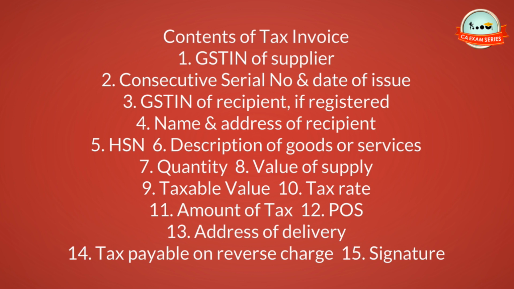Contents of tax invoice. 1. GSTIN of supplier. 2. Consecutive serial number and date of issue. 3. GSTIN of recipient, if registered. 4. Name and address of recipient. 5. HSN. 6. Description of goods or services. 7. Quantity. 8.